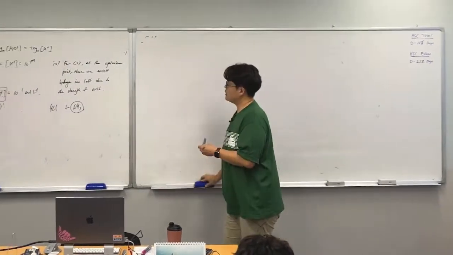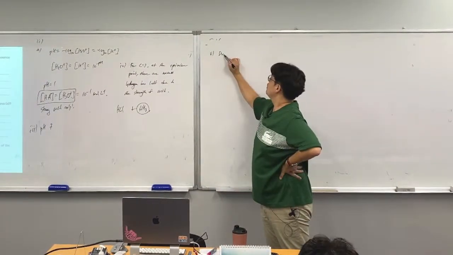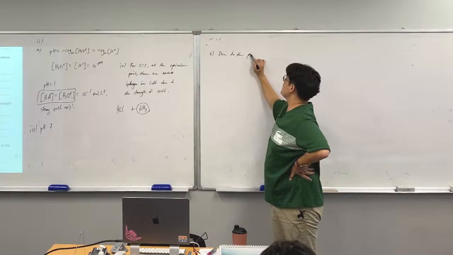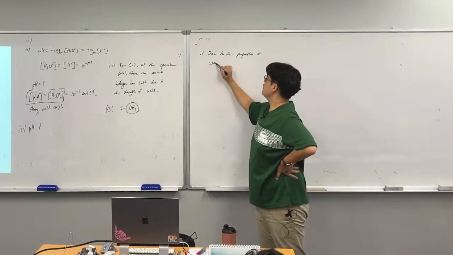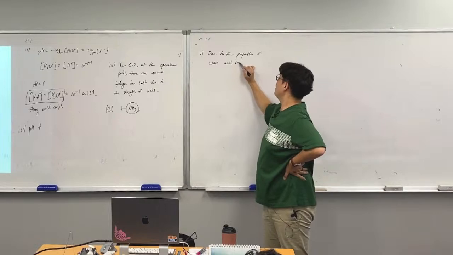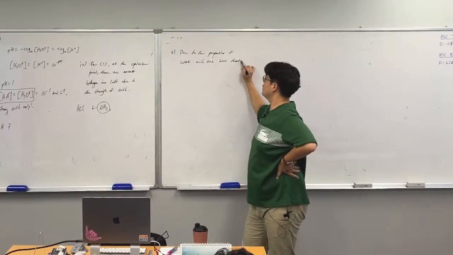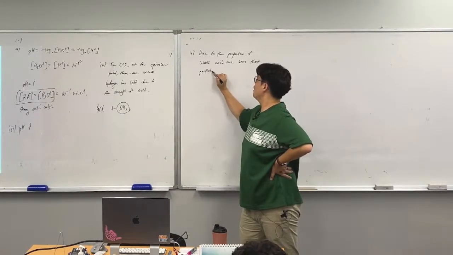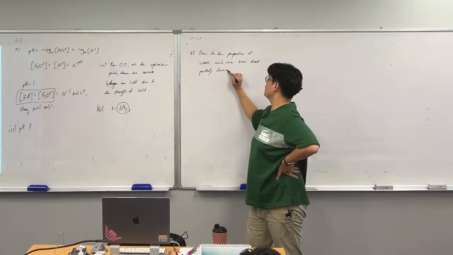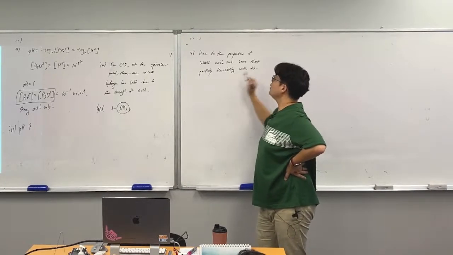Or you can write it down as 5, due to the property of weak acid and base that partially dissociates with the water.